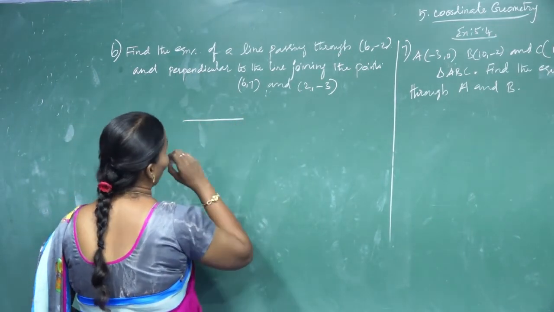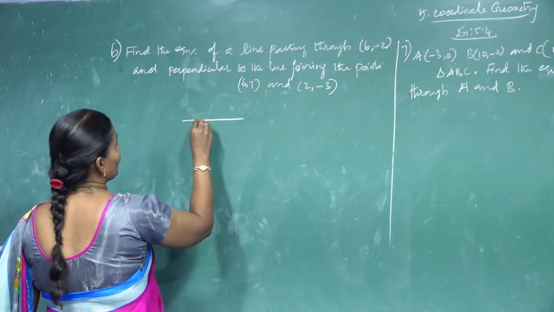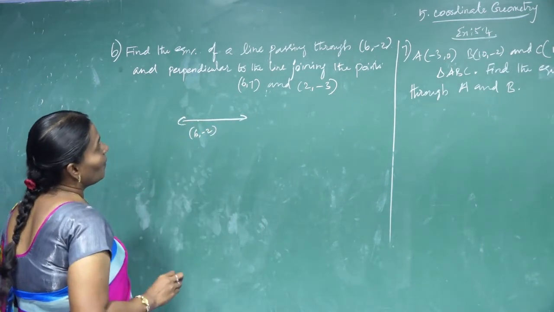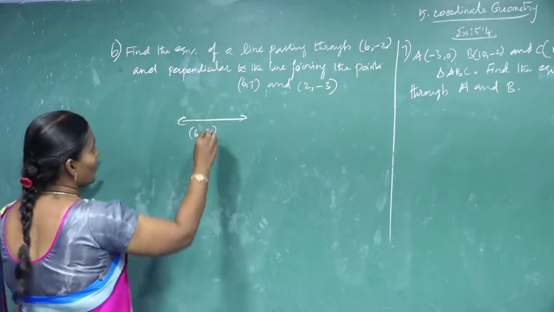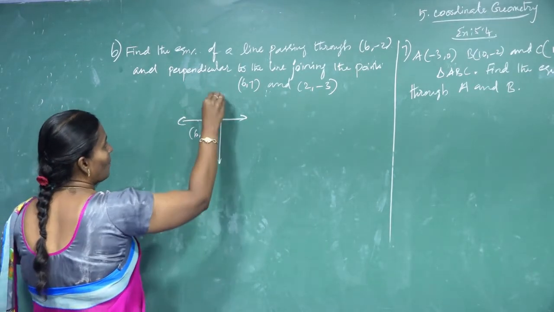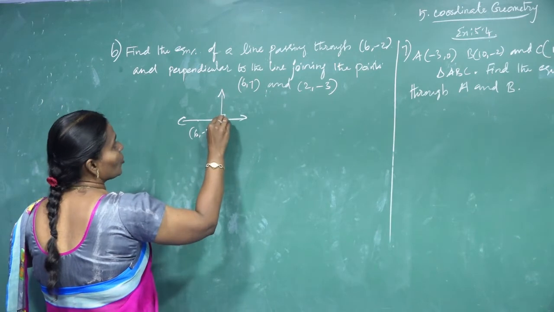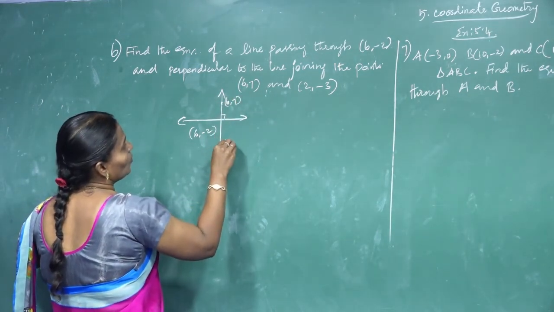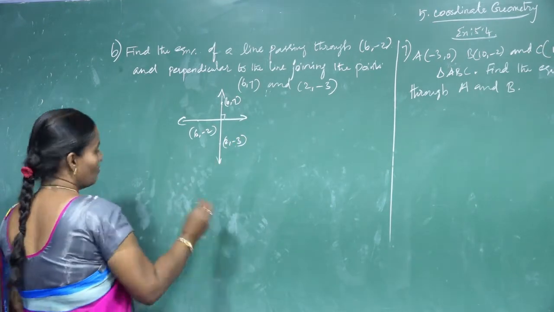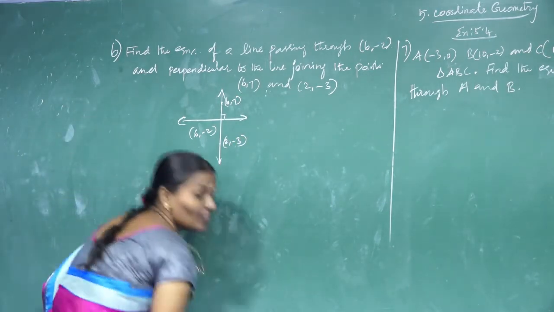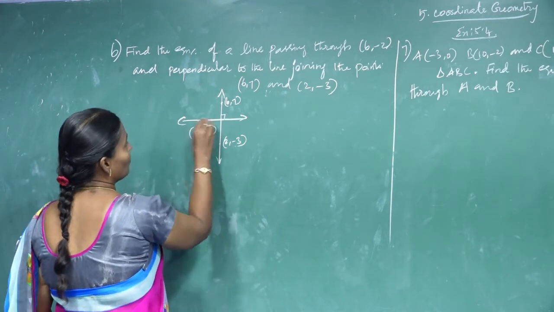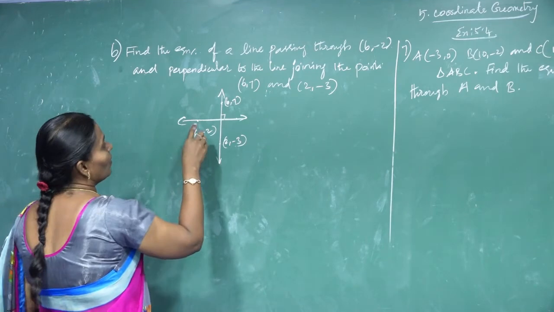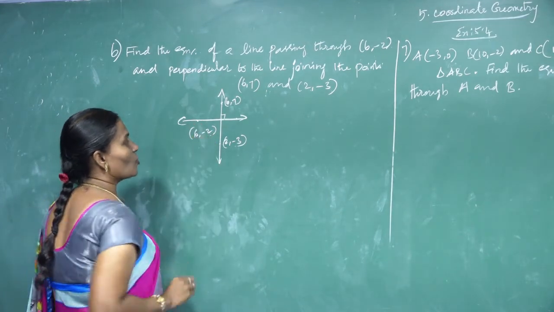Okay, a line passing through the point (6, -2) and perpendicular to the line joining the points (6, 7) and (2, -3). You have to find the equation of this line. Here one point is given, (6, -2).